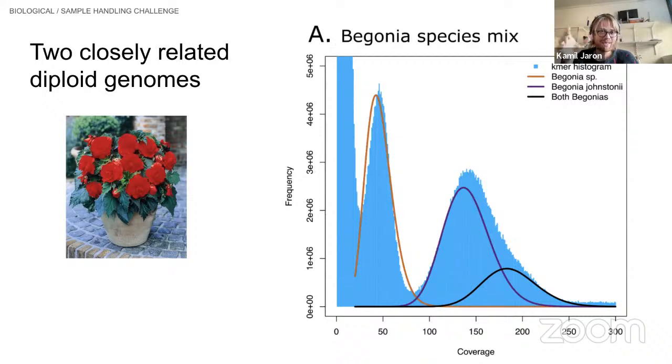What they didn't realize is that in that small pot of begonias, they had two different species, closely related but not the same. So when they sequenced them, there was this orange species with lower coverage and the purple species with higher coverage, and they were fairly closely related, so they had a bunch of k-mers that were overlapping. That's the black distribution, and it created this absolutely weird thing.